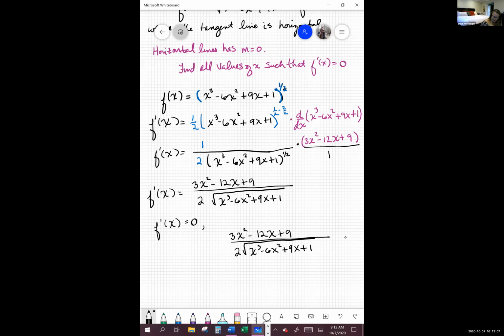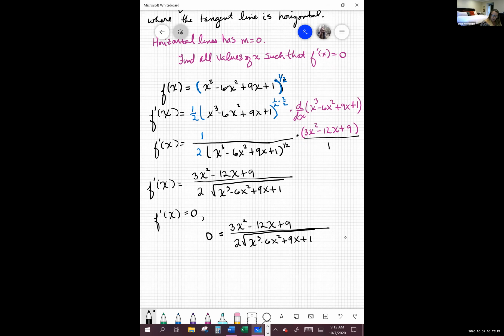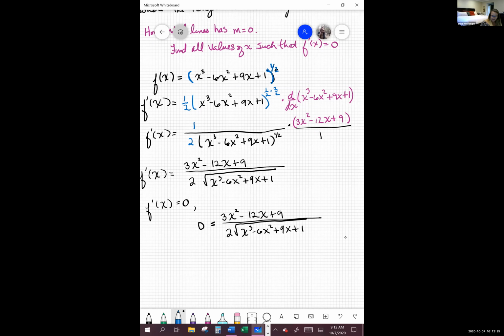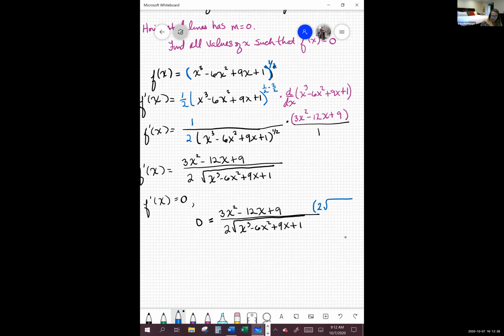Let's just do it this way. So 0 is equal to this. So technically, we can clear our fraction. This is an equation, so what we do on one side, we can do on the other. We can multiply both sides by the denominator to clear it: x cubed minus 6x squared plus 9x plus 1.